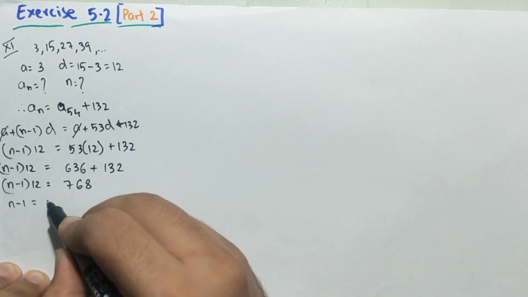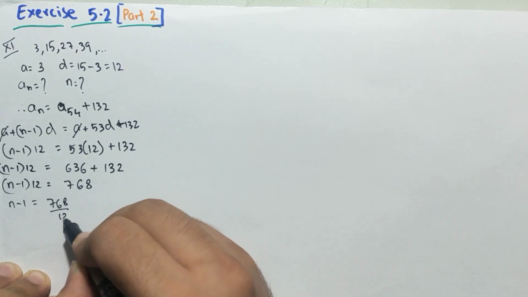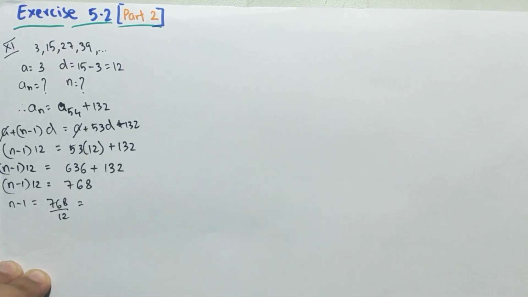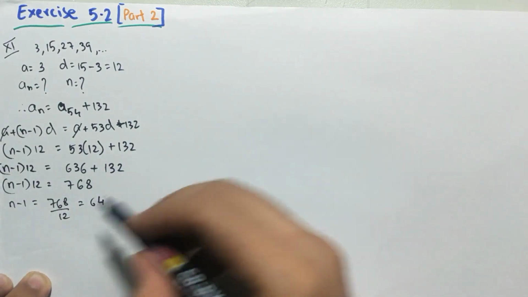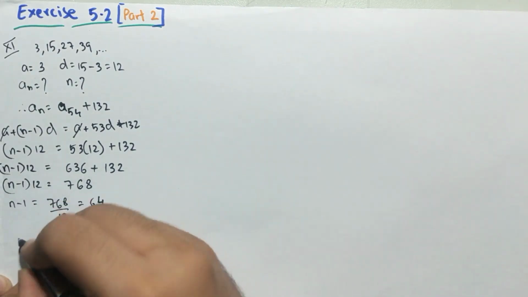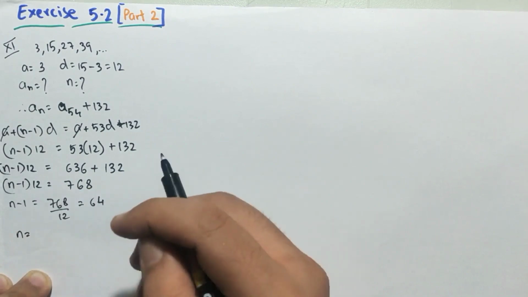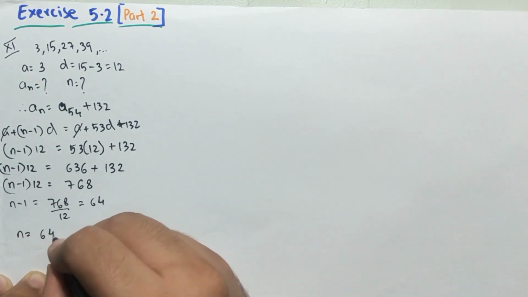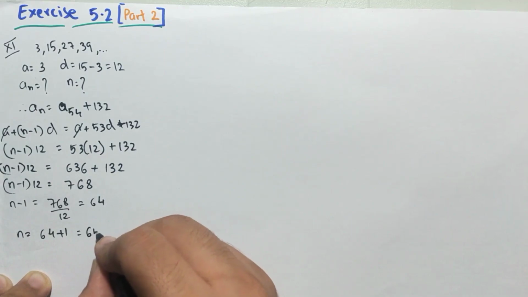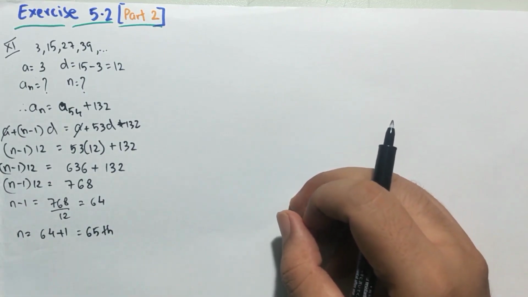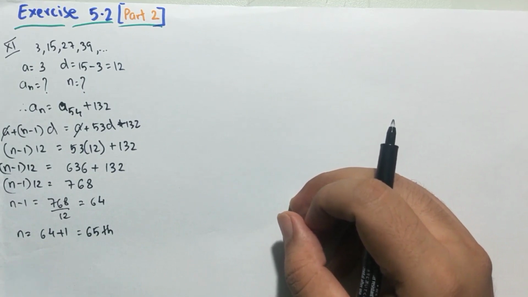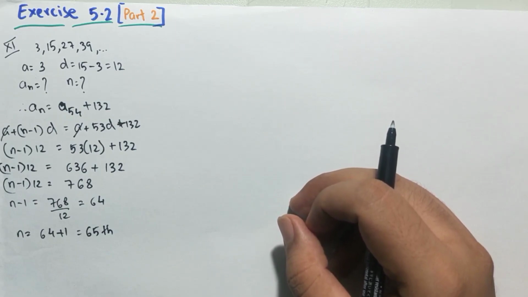So n minus 1 will be 768 divided by 12, that is 64. n minus 1 is 64. So to find n, this 1 has to be taken on the right hand side. So 64 plus 1, that is 65. So the 65th term of this AP would be 132 more than the 54th term.